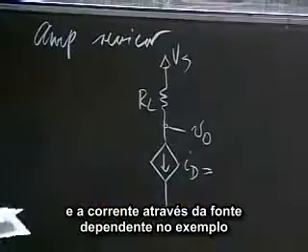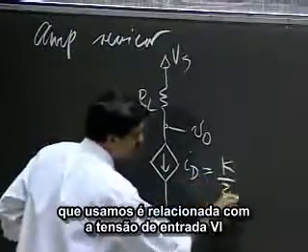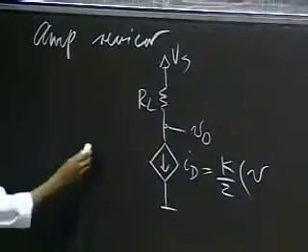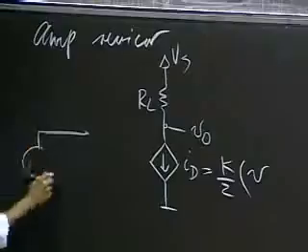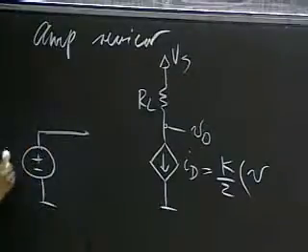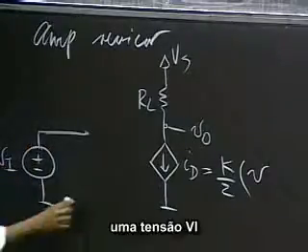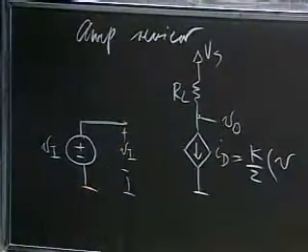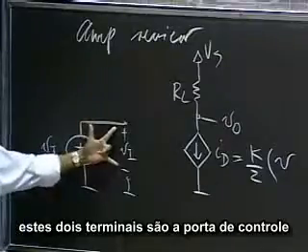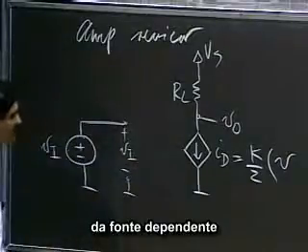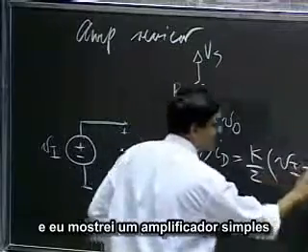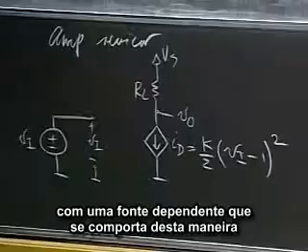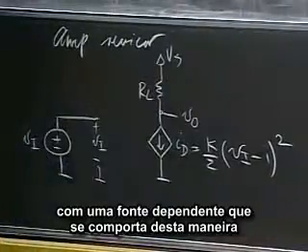And the current through the dependent source in the example we took was related to an input voltage Vi, some voltage Vi. And so these two were the control port of the dependent source. And Vi was applied there. And I showed you a simple amplifier built with a dependent source that behaved in this manner.